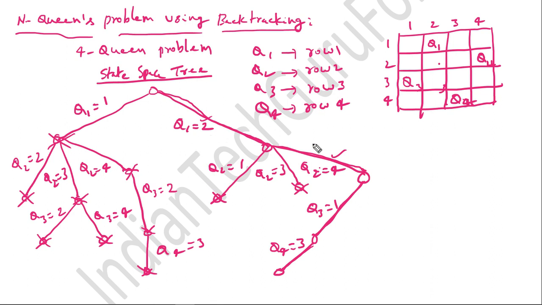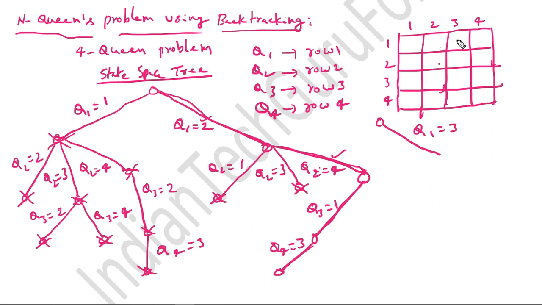So for example, here, if you start from Q1 is equal to 3, let us trace and see whether a solution is available or not. Starting from Q1 equal to 3, what does it mean?